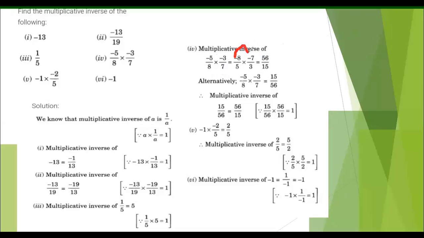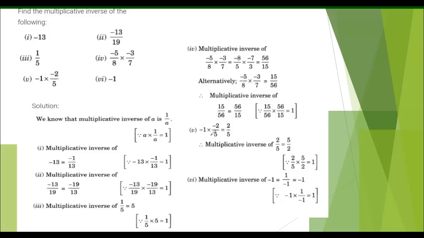That's how we get plus 56. And 5 into 3 is 15. So what's our actual question? 56 divided by 15. The multiplicative inverse of it will be 15 by 56, where 15 and 15 get cancelled, 56 and 56 get cancelled, you're left out with positive 1. So the multiplicative inverse will be 15 by 56.